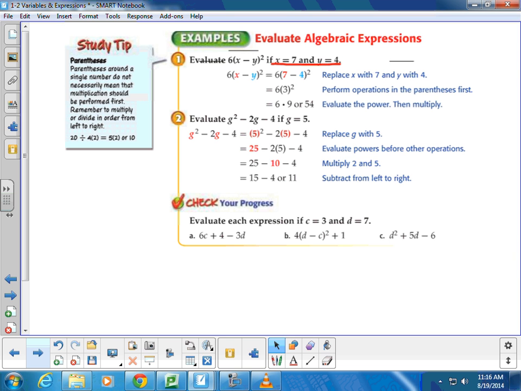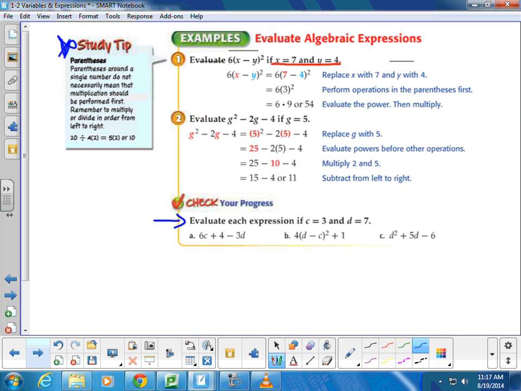You can choose, or sometimes the book chooses for you. And you just replace those variables with the number value that they represent. So here on the bottom, I'll try this first one with you and then give you some time to do the other two to check your understanding. Notice in your book you have a lot of these study tips too. Always take a look at those and use those as helpful hints or reminders for certain things.